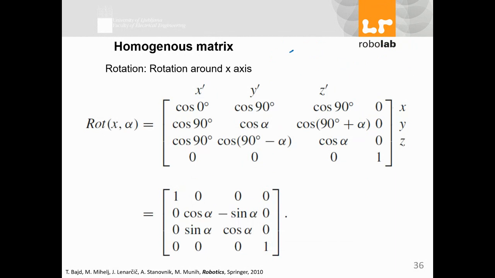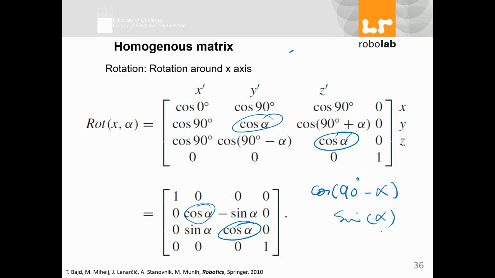So here, if I simplify, cosine of alpha is cosine of alpha, no simplification. We know from trigonometric equations that cosine of 90 degrees minus alpha is sine of alpha. We know that already from trigonometry.